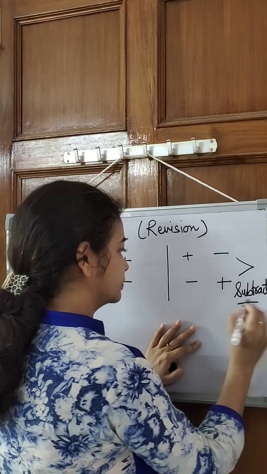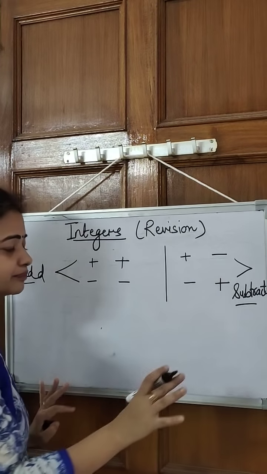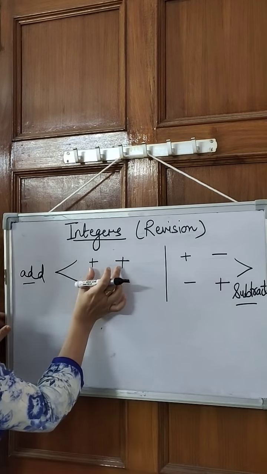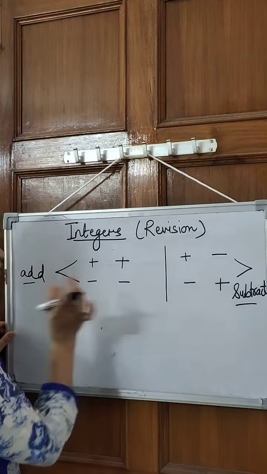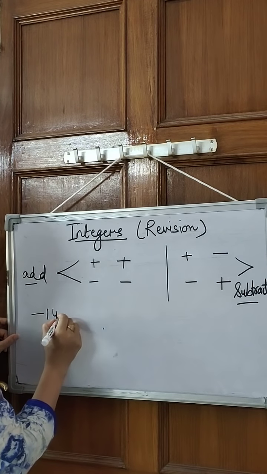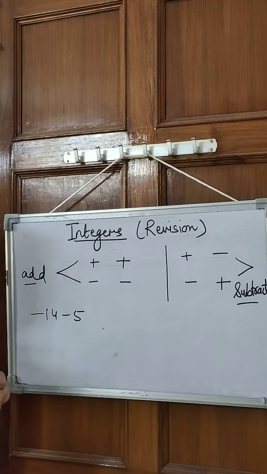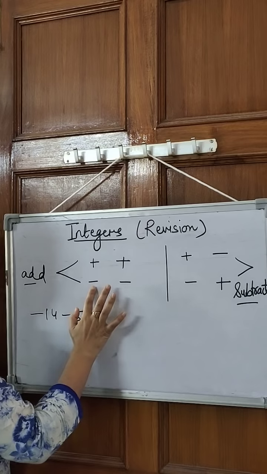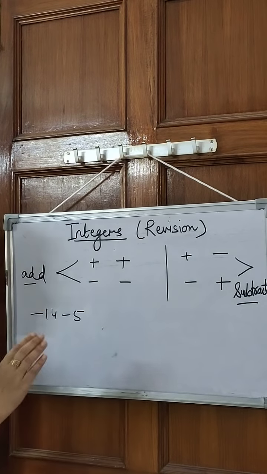Let me take two examples so that this concept is clear to you. First, I said that either we take both positive or both negative numbers, then we add them. In this example, both the numbers are negative. When both the numbers are negative, then we add.